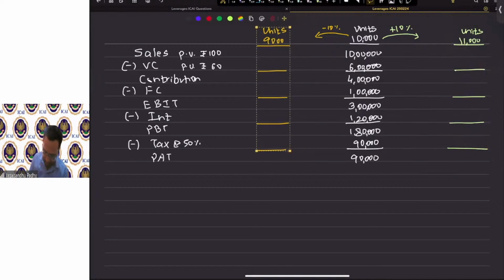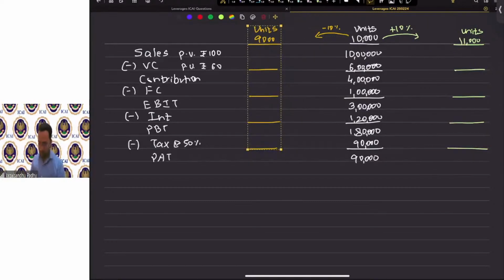Leave some space in between so that we can write down certain fundamentals. Come on, let's calculate the numbers for 9,000 units and for 11,000 units. Quickly prepare this income statement, because only after that will we be able to understand what we really mean by leverage as a concept.